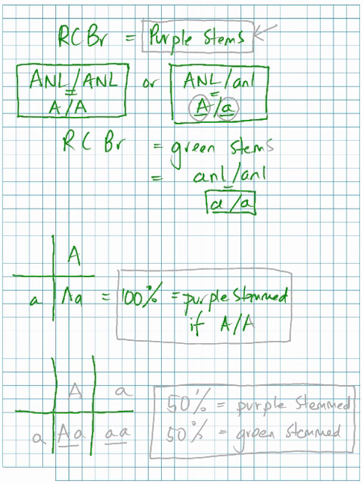Okay, so the gametes from the green stemmed parent can only be little a, but now the gametes from the purple stem parent could be big A or could be little a. So let's put those up here, big A, little a.